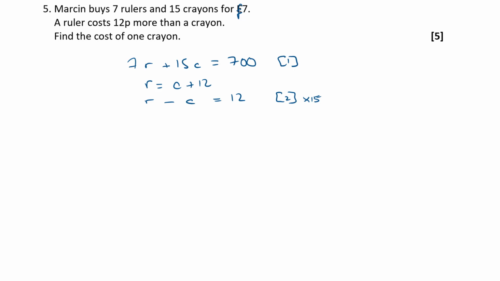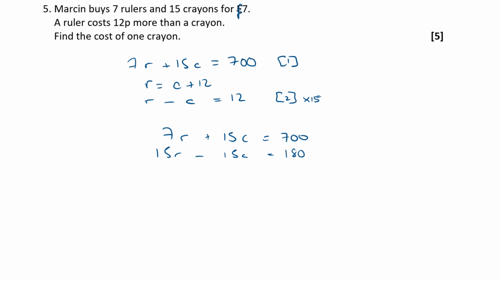Okay, so I'm going to take equation 1, which is 7R plus 15C is equal to 700. And then I'm going to take 15 lots of equation 2. So 15R minus 15C is 12 times 15. What's that? That's 180. Okay.